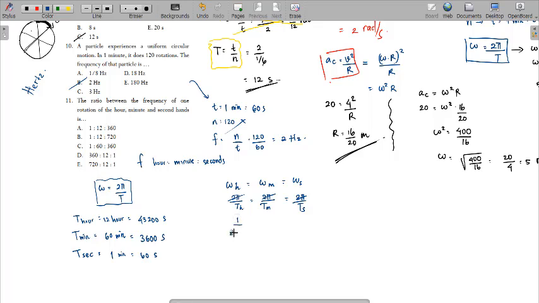So 1 per 43,200 equals 1 per 3,600 equals 1 per 60. Let's simplify. Times 43,200, you got this one equals 1, this one is 12, and this one 720. So this is the comparison: 1, 12, and 720.